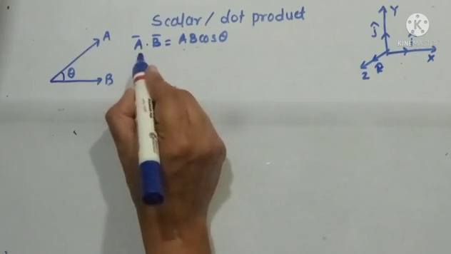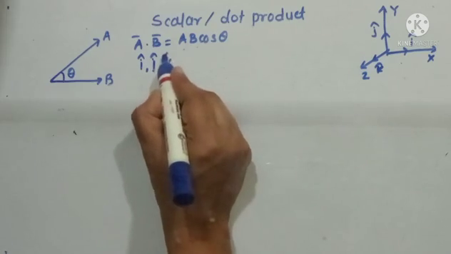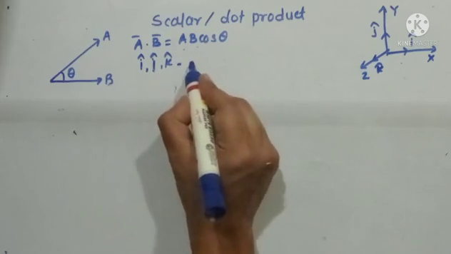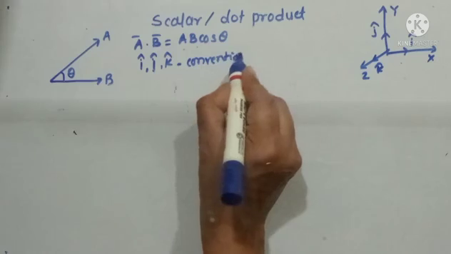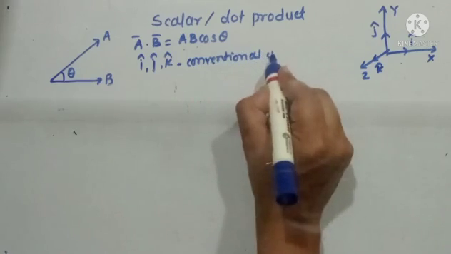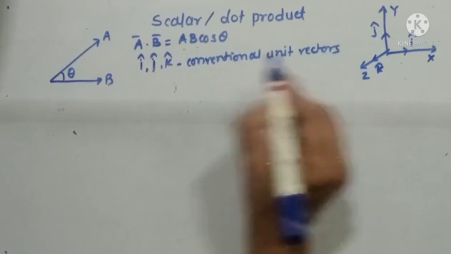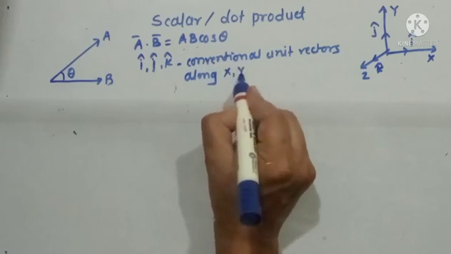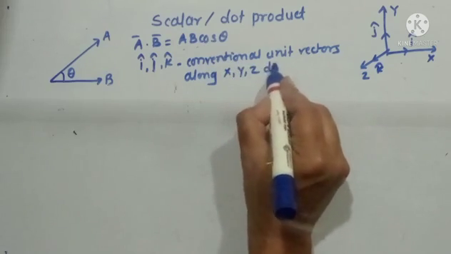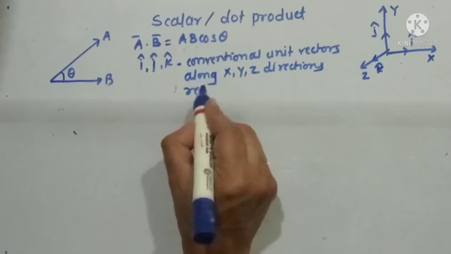So we can write that i, j and k are the conventional unit vectors along x, y and z directions respectively.